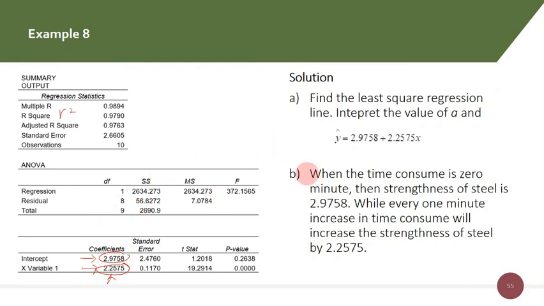Okay, when the time consumed is 0 minutes, the strength of the steel is 2.9758, while every 1 unit increase in time consumed will increase the strength of steel by 2.2575, which is the slope. Okay, check back how you want to interpret your A and also your B value, which is the slope.